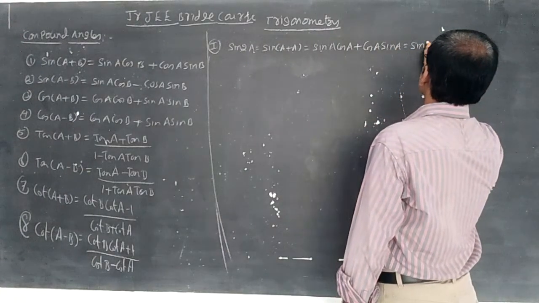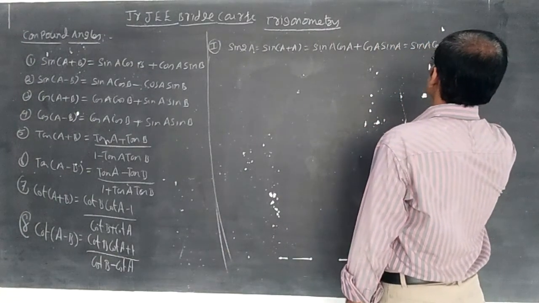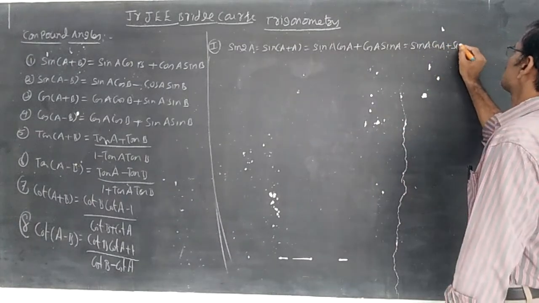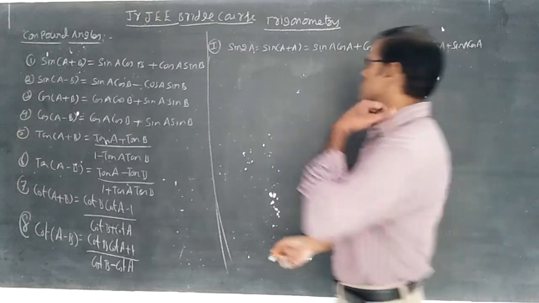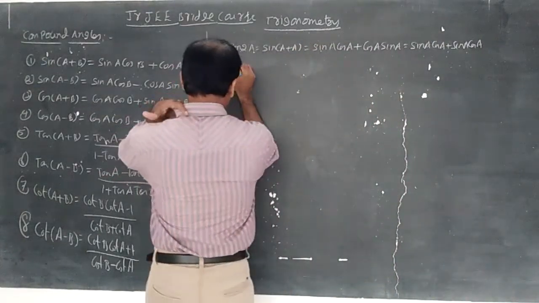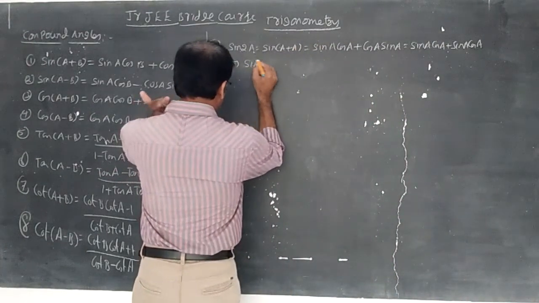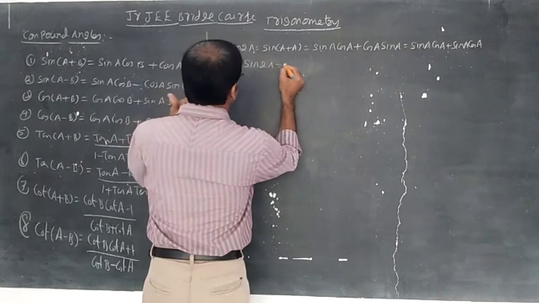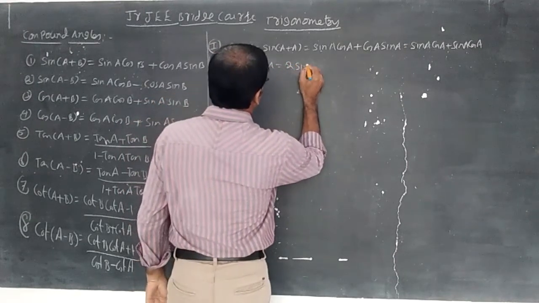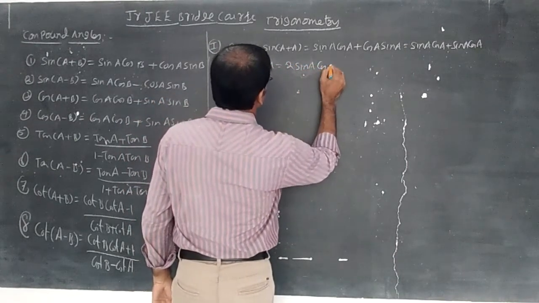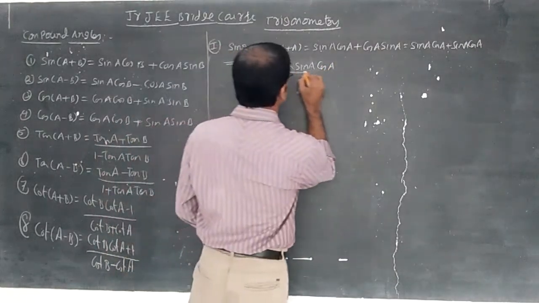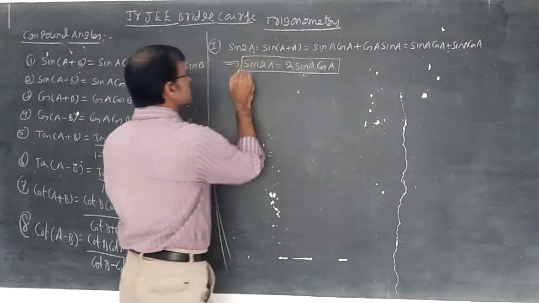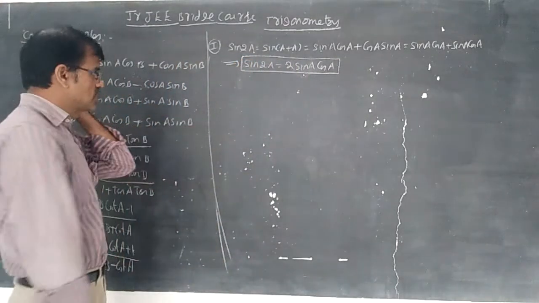So you can write this as sin a cos a plus sin a cos a, which is 2 sin a cos a, the most important useful formula everywhere in mathematics. Sin 2a formula is 2 sin a cos a.